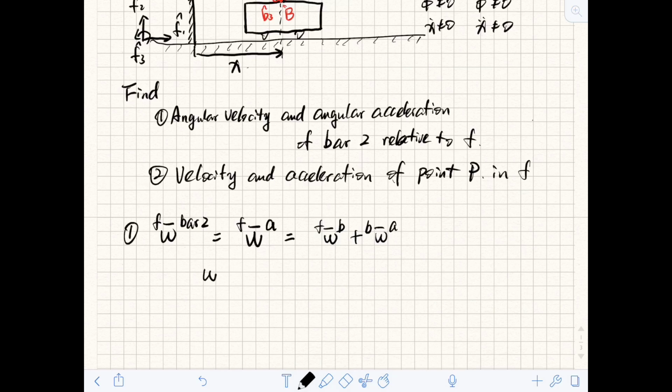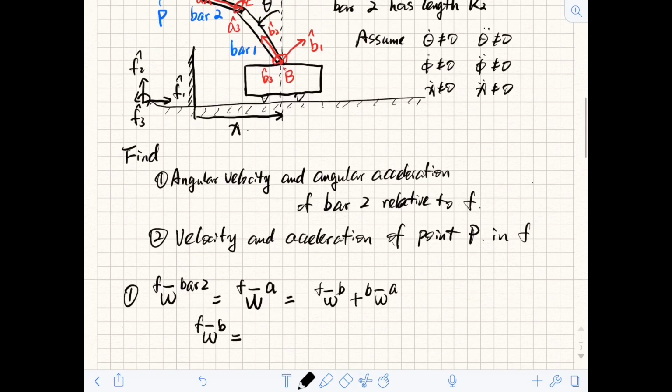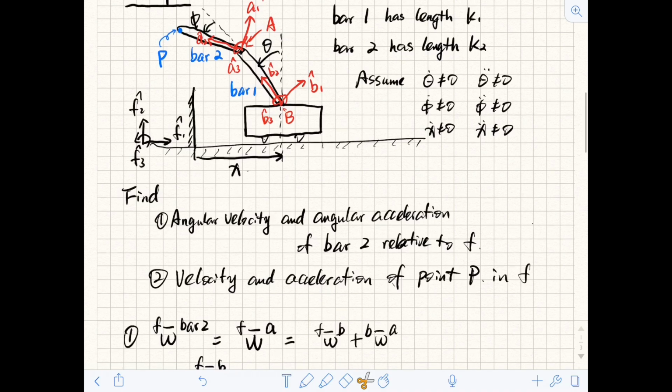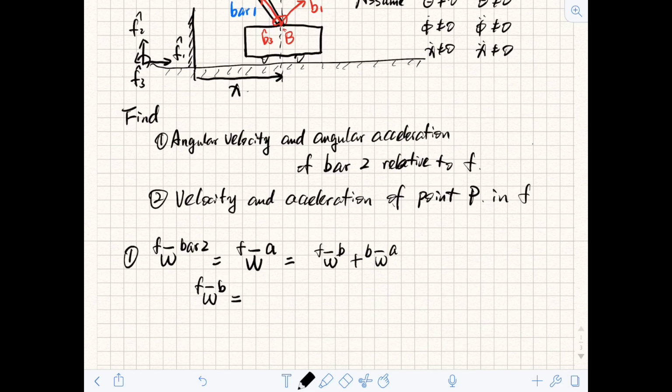First, the angular velocity of B in F is the rotation of bar 1 relative to the inertial frame. Since bar 1 makes an angle of theta relative to the fixed vertical position, we have the angular velocity of B in F as theta dot F3, and we also know F3 equals A3.